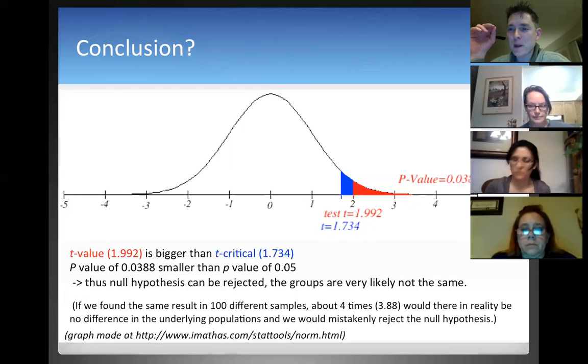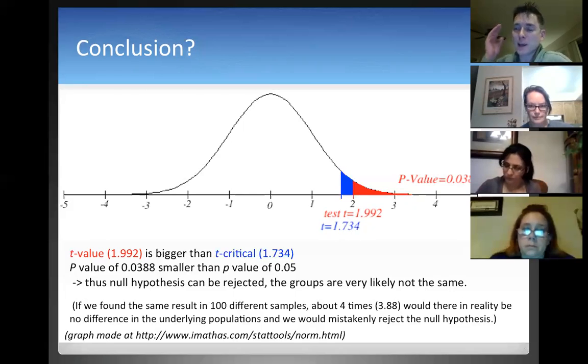We figured out a t-value of 1.992, probability is 0.038. Because we had a clear hypothesis, that the kids in Flint are going to have lower IQs because they've been drinking that poisonous water, based on our evidence we reject the null and go with the alternative: kids in Flint have lower IQs.